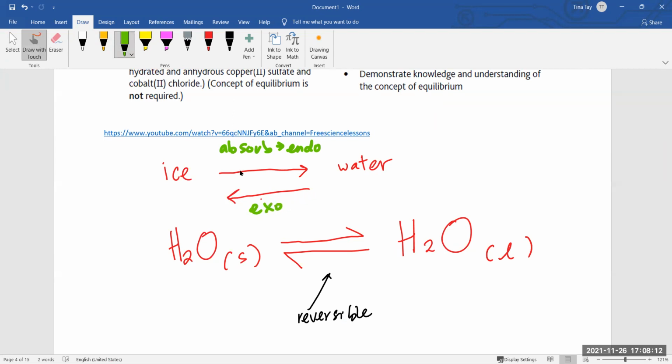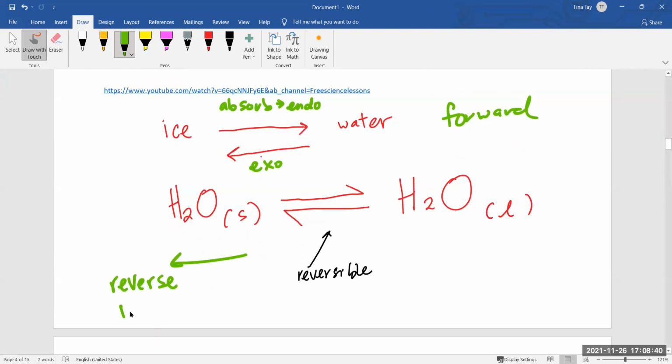So the reaction from ice to water, this arrow, is called the forward reaction. The reaction from water to ice, this way, is called the reverse reaction, or the backward reaction.